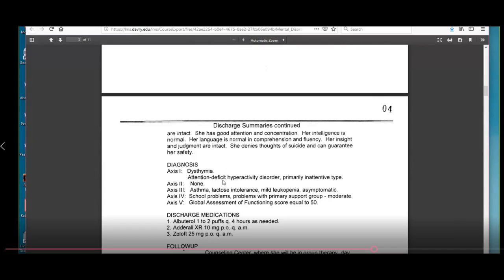One thing that's not noted here is the depression. So we also want to code the major depression, and then the suicidal ideations aren't noted here, but they're noted in the content of the report as well as the pediatrician's consult.